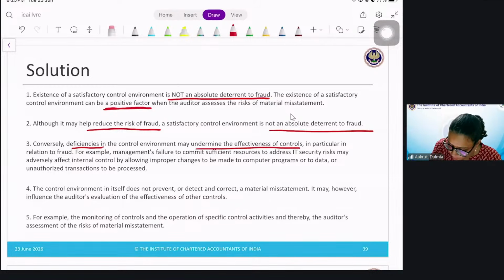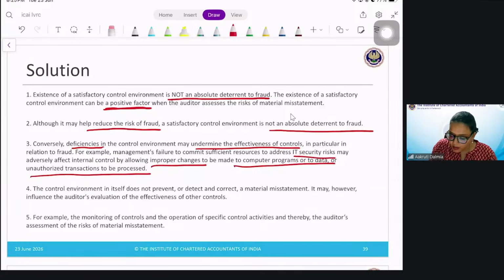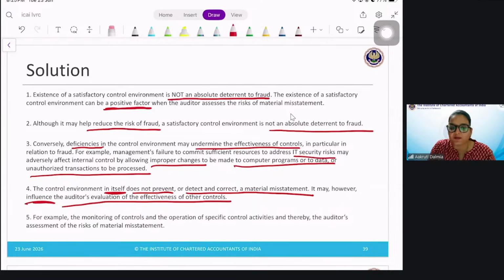For example, management's failure to commit sufficient resources regarding IT security risk may adversely affect internal control by allowing improper changes to be made in computer programs or unauthorized transactions to be processed. The control environment in itself cannot prevent or detect a material misstatement, but it can help influence the auditor's evaluation of effectiveness of other controls.